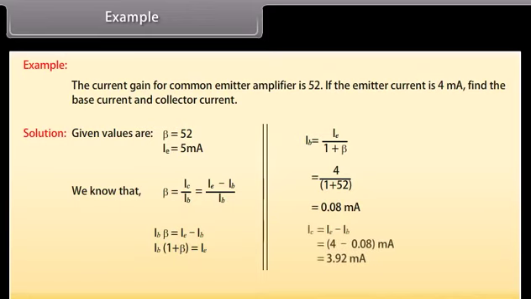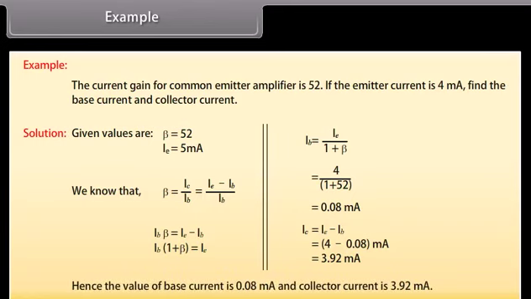We know that IC is equal to IE minus IB. Now putting the values in the expression and calculating, we get IC is equal to 3.92 mA. Hence the value of base current is 0.08 mA and the collector current is 3.92 mA.